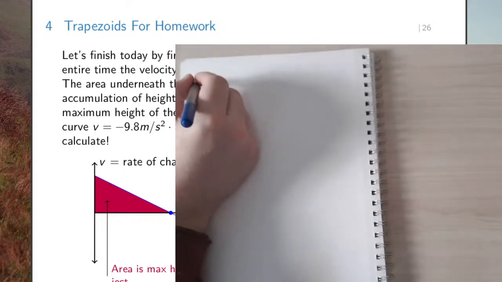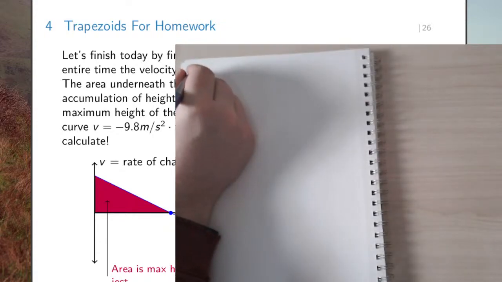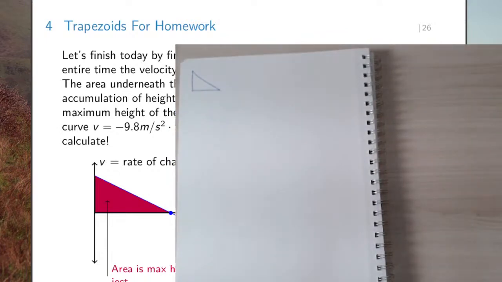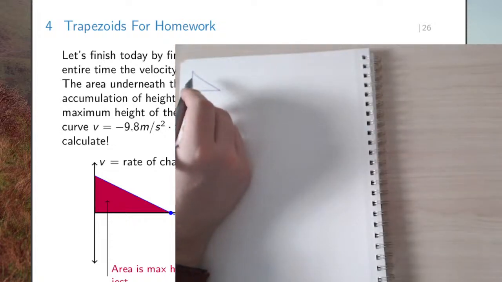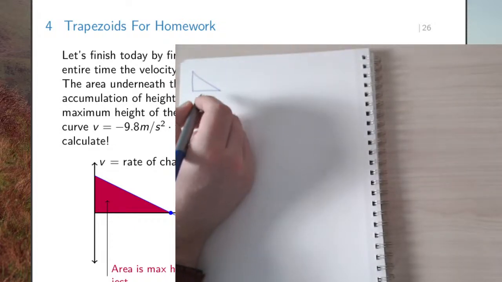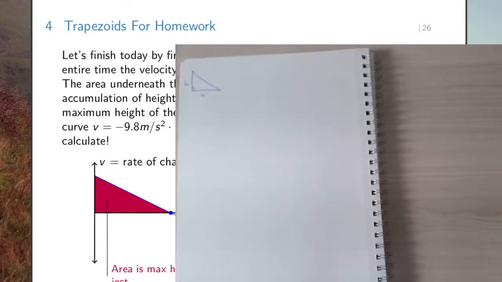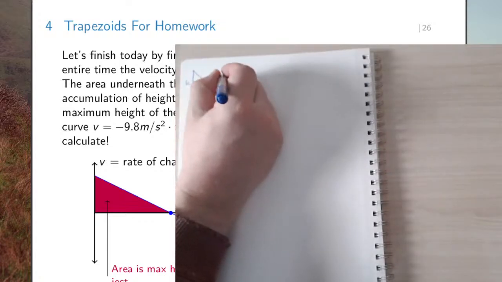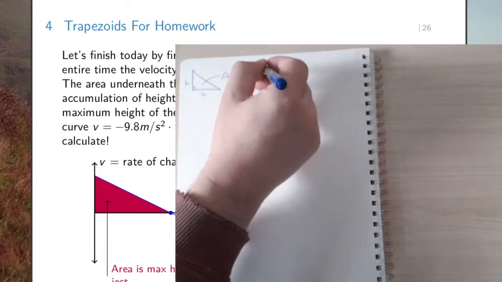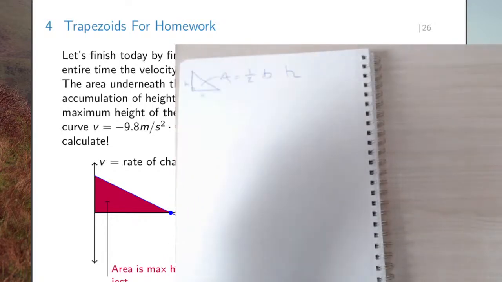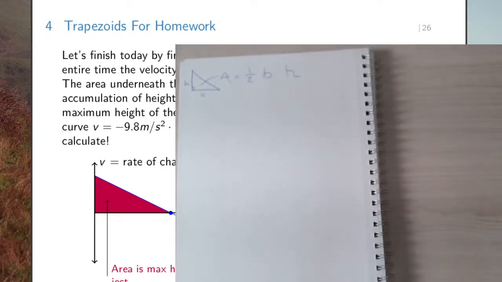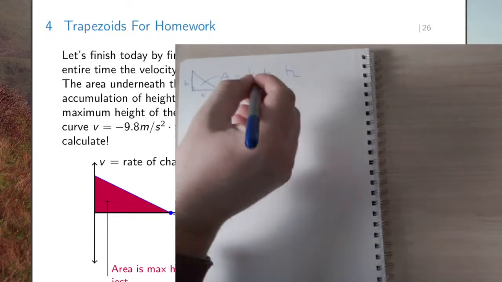If we have a triangle, it's especially easy, this is a right triangle. Let's say this is the base, and this is the height. Then the area is 1/2 base times height. So what is the height?